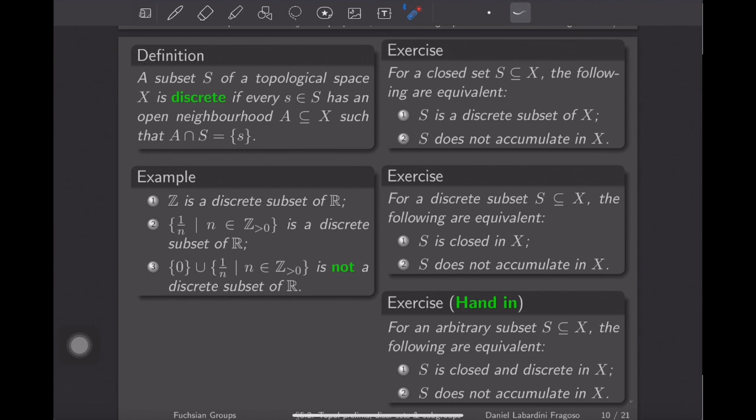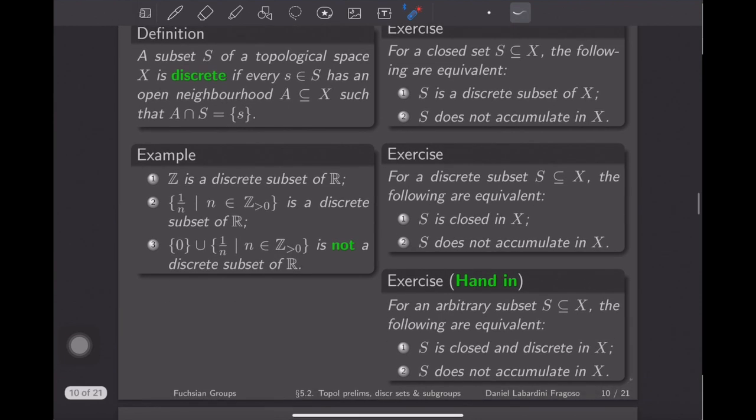Another way of saying this is that a subset is discrete if it doesn't accumulate in itself, right? So every point in S has some neighborhood with the property that it's the only point there.